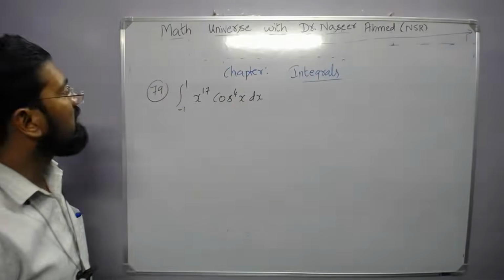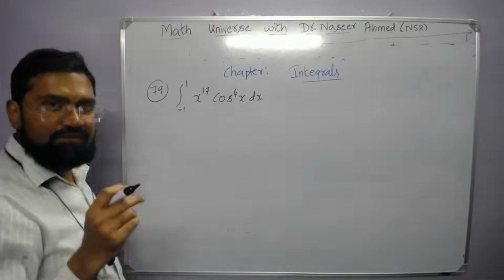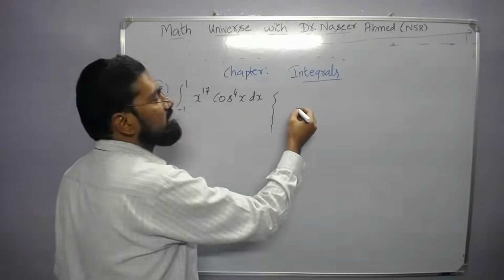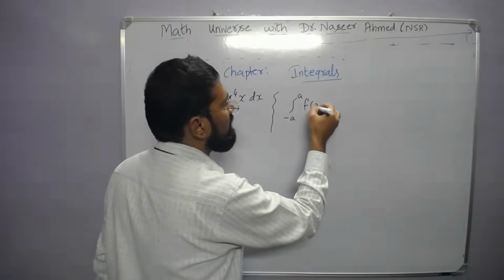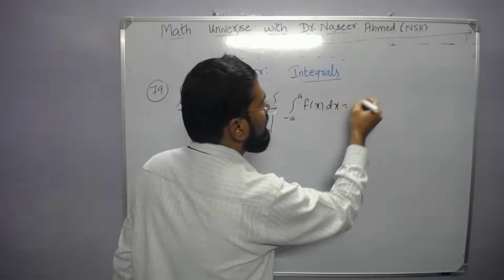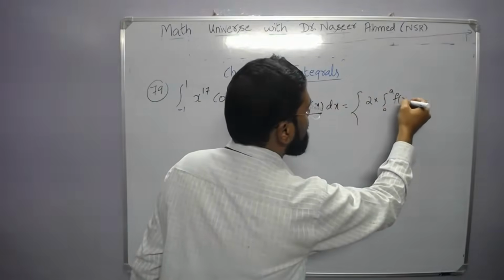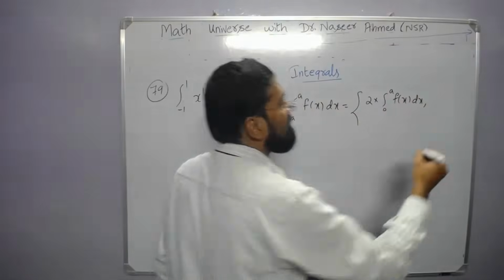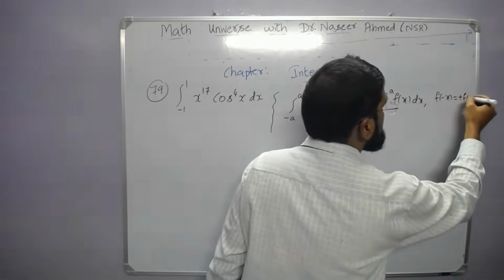Whenever we have the upper limit and lower limit the same but with opposite signs, we think about even and odd functions. Let us recall the theorem: integral from minus a to a of f of x with respect to x will be 2 times the integral from 0 to a of f of x dx, provided f of x is an even function, that is, f of minus x equals plus f of x.